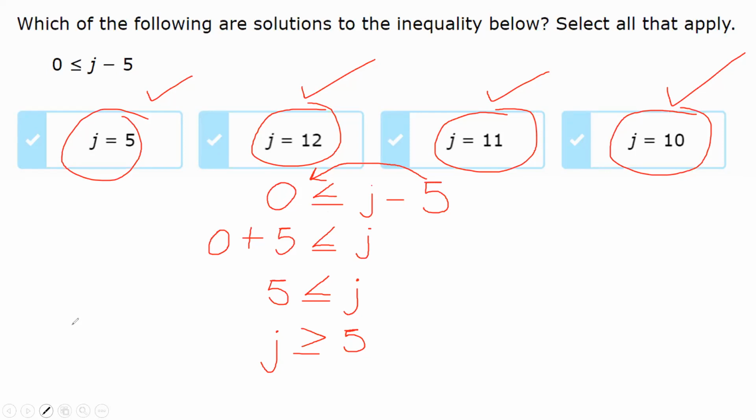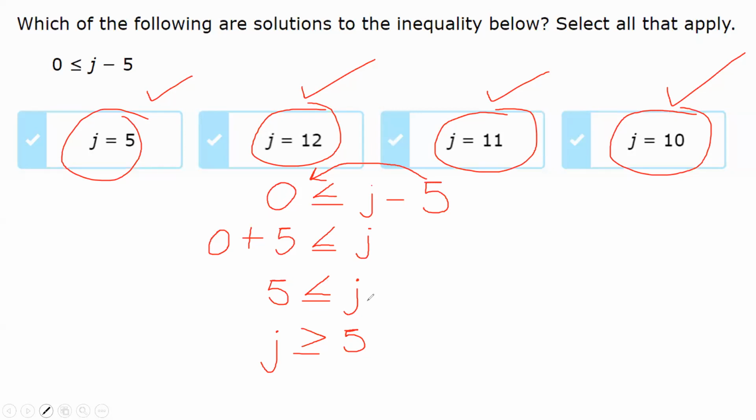Excuse me, Mr. Petit, I have a question. Go ahead. For the last step, where J is less than or equal to 5, is the sign supposed to change? Yes, the sign is supposed to change, because if 5 is less than or equal to J, what does that tell us about J?